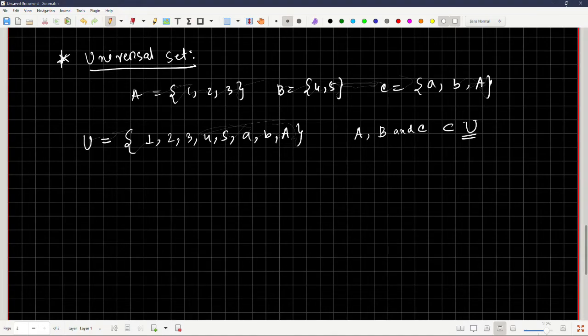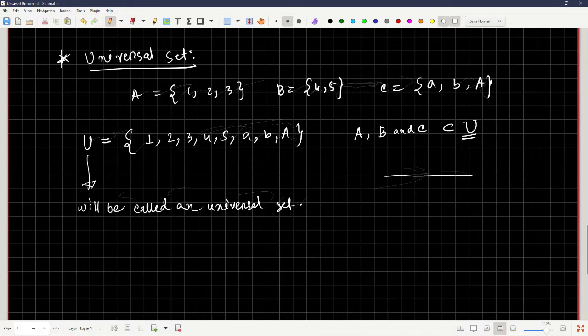So in this sense, this U will be called a universal set. And diagrammatically this will look something like this. Usually they use a rectangle to define the universal set.